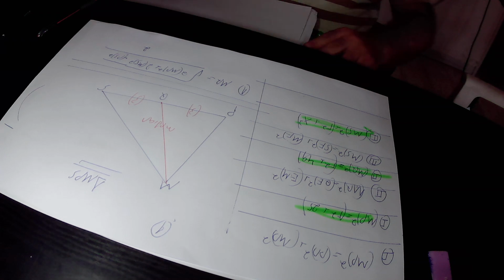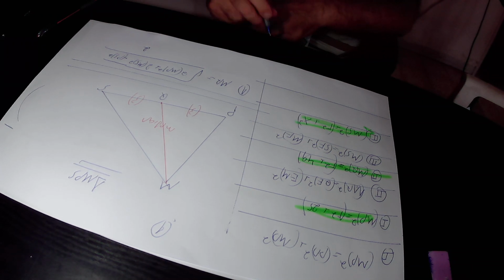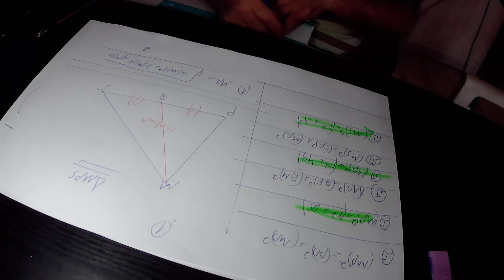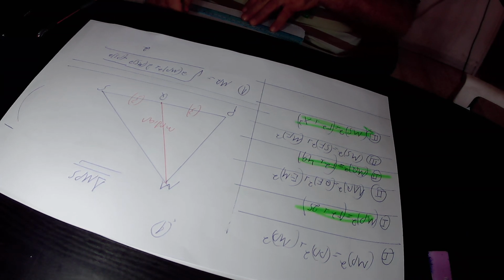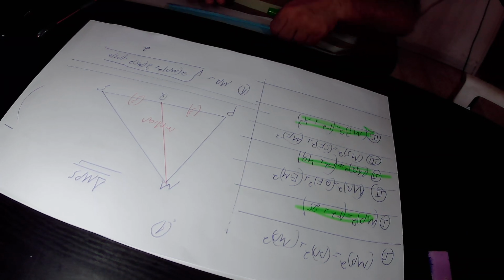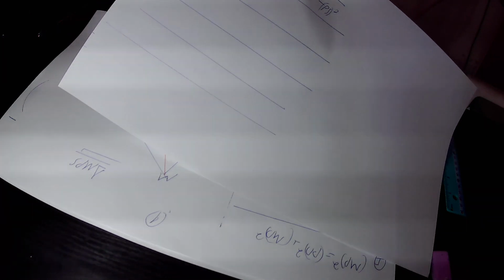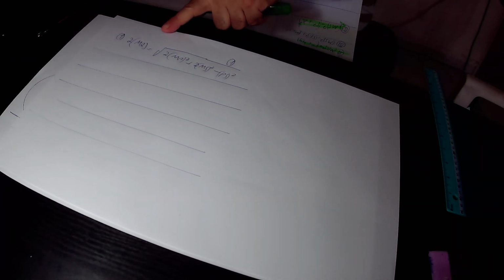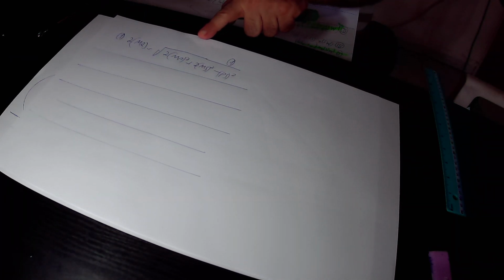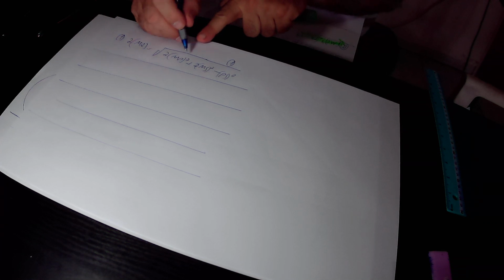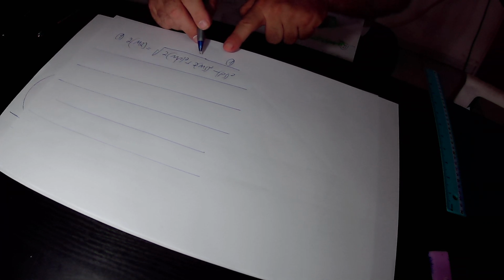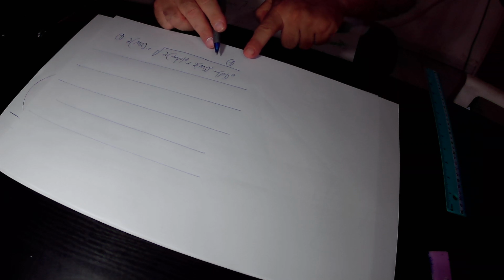Repeat again. After we multiply this equation 1 by 2, we found that 2 times MQ equals the square root of 2 times MP squared plus 2 times MS squared minus PS squared.